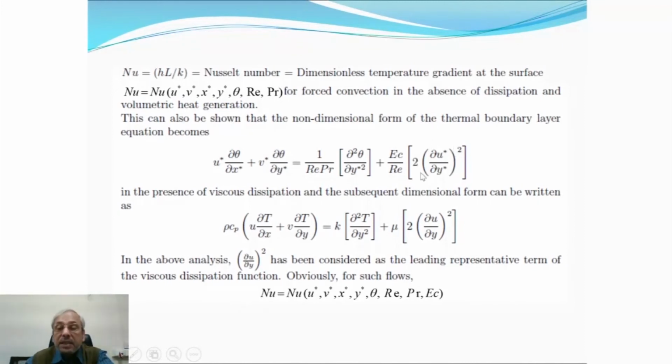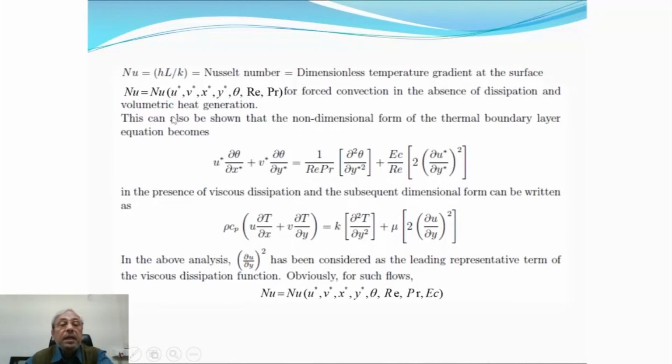This is the highest term in the viscous dissipation function, del U del Y gradient, if it is significant. So in the entire viscous dissipation function, we have only retained this term. This is in presence of viscous dissipation. So this is the equation.